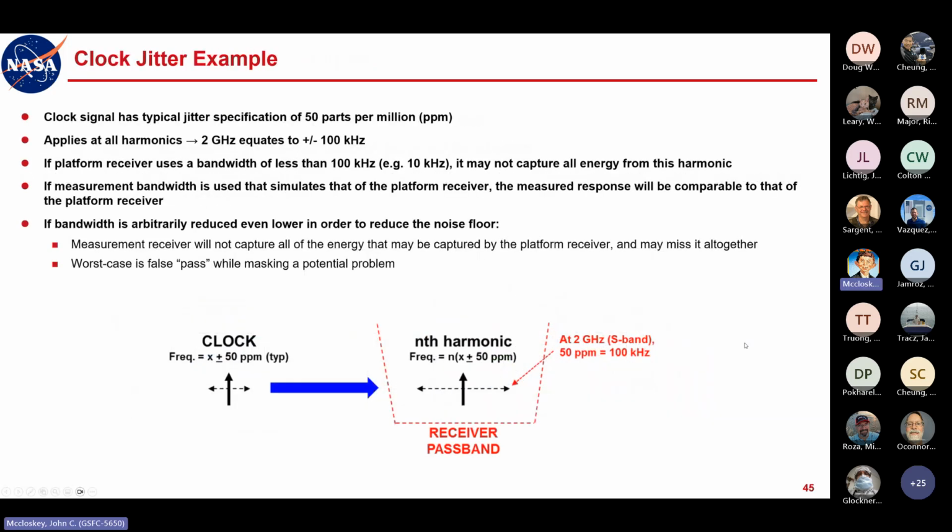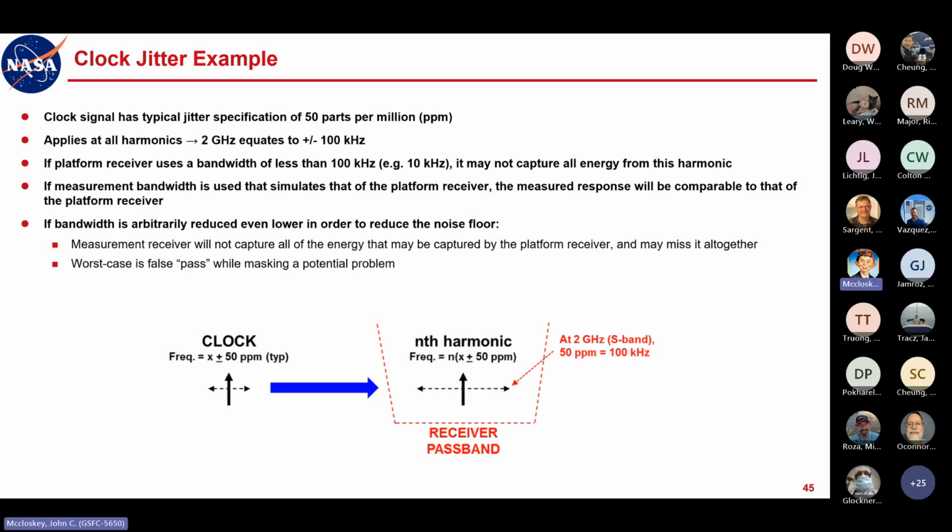If you look at just an example of clock jitter, a clock signal will have a typical jitter spec, and this is probably a very sloppy spec, right? But let's just go with a clock jitter spec of 50 parts per million. And that's going to apply to all your harmonics.